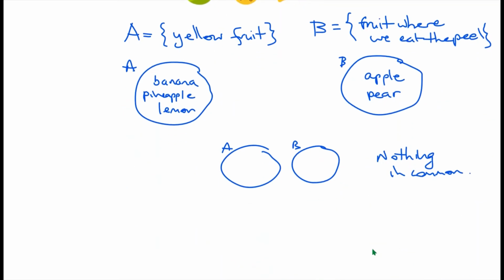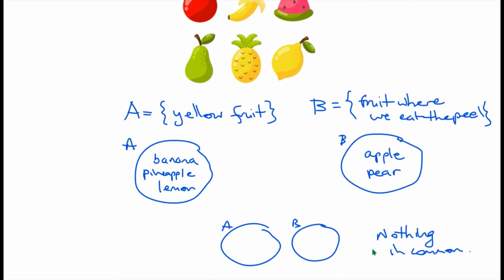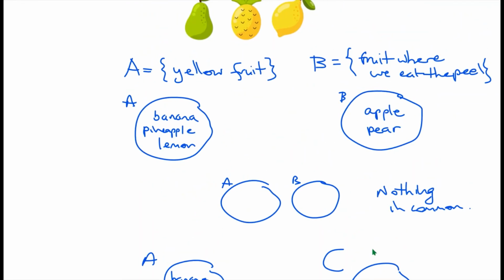But if I, let's say, make one set A that's called yellow fruit, so it's got banana, pineapple, and lemon, and then another set C that is not fruit where we eat the peel. Let's say it's fruit that begins with the letter P. All right, fruits that begin with the letter P. So what are they?